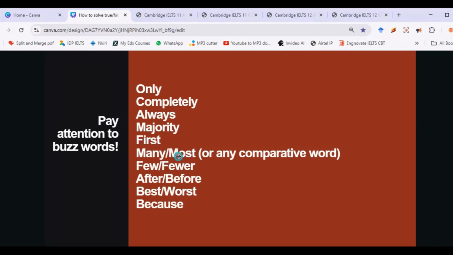Many, most, or any comparative word like greater, thicker, sweeter, fresher. Fewer, after, before, best, worst. These are also comparative words. Because, as long as. So these are words you need to take note of whenever you are analyzing your options, okay?